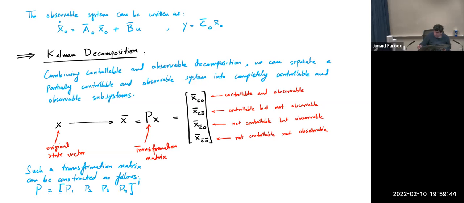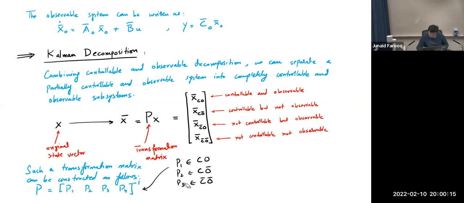where P1 belongs to the controllable observable subspace. P2 belongs to the CO bar. So now we're talking about subspaces and their basis functions.